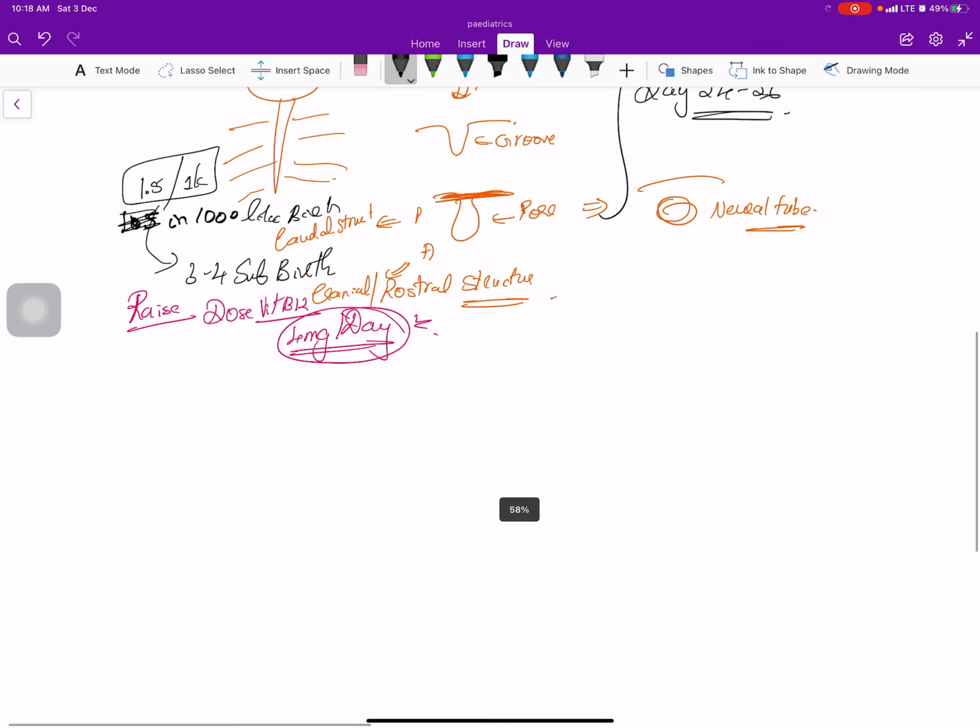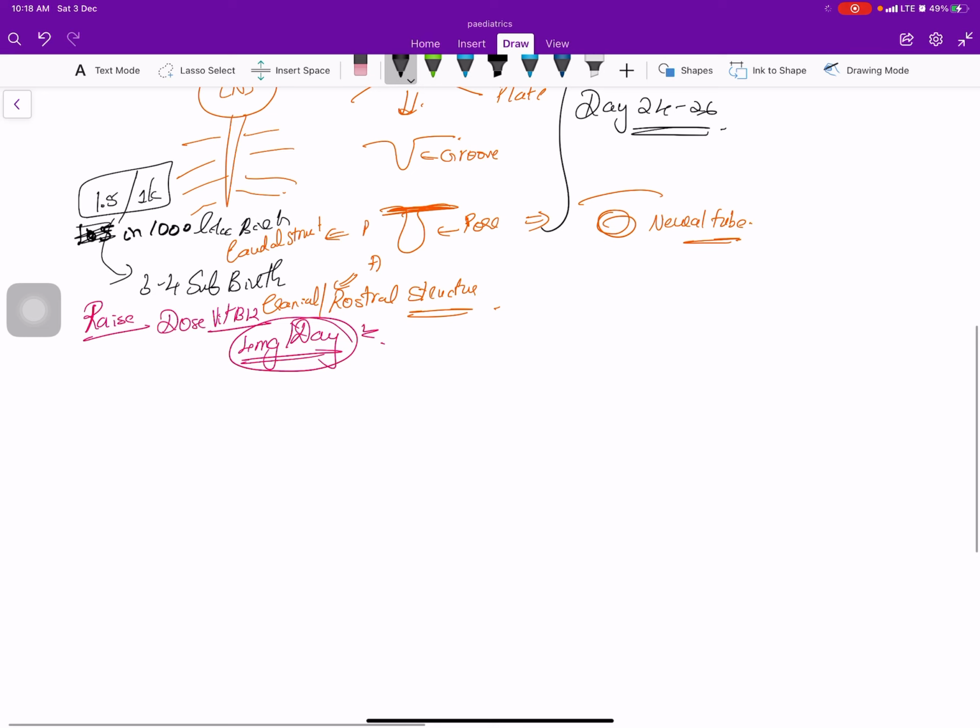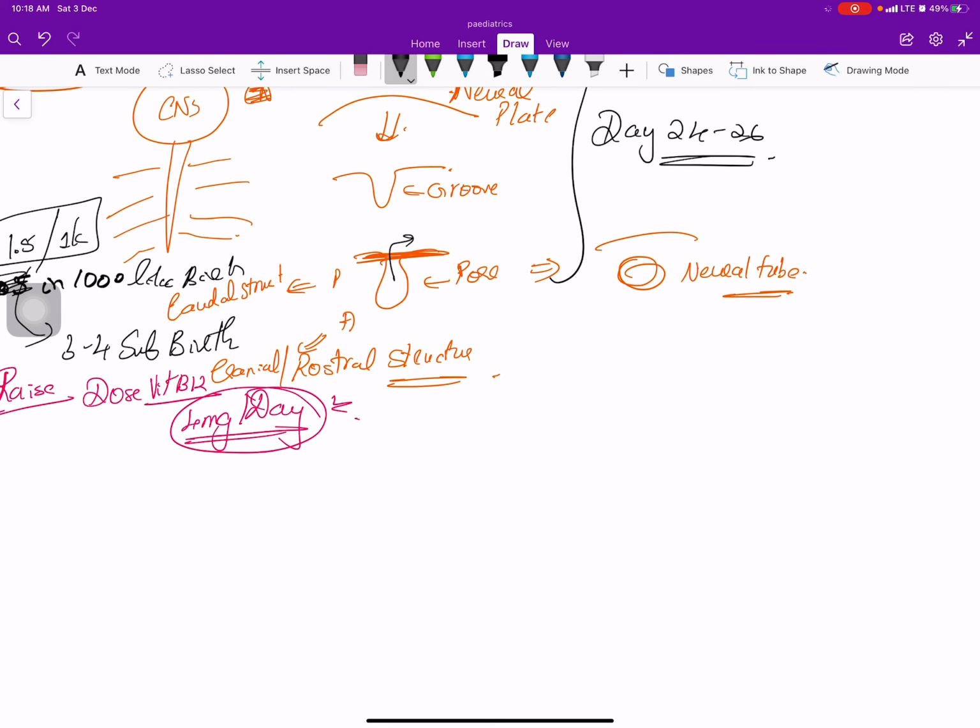What are the defects? Failure of closure of the neuropore is a defect. If this doesn't close, it would lead to spina bifida, myelomeningocele, meningomyelocele, and stuff like that. What causes this? Generally it's supposed to close. One of the causes why it doesn't close would be vitamin B9, folic acid deficiency.